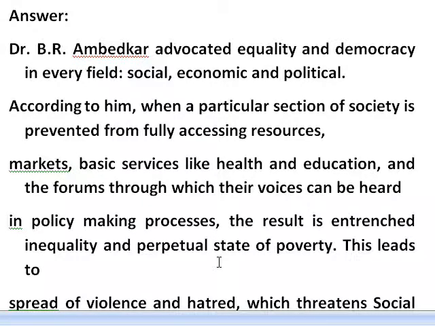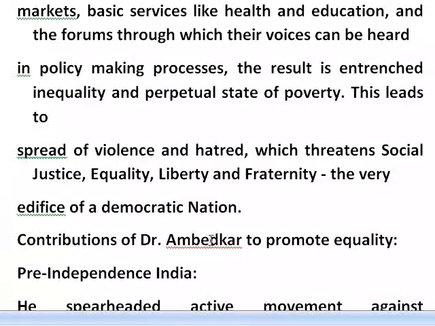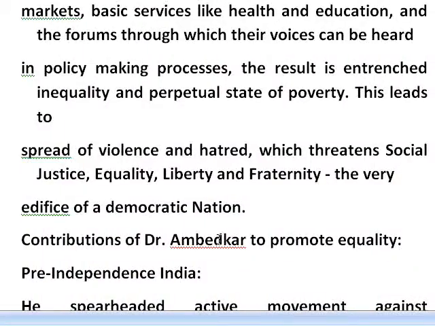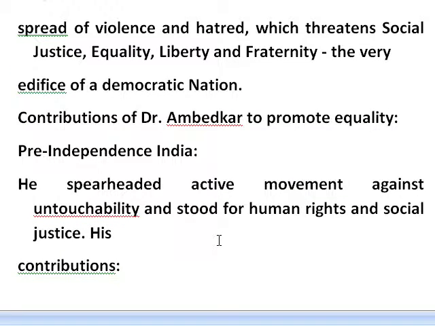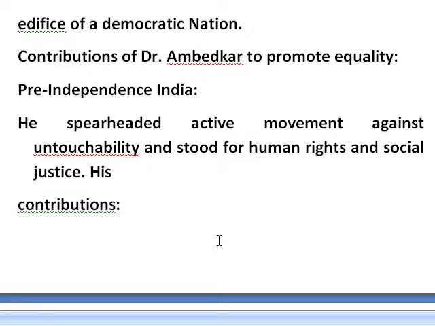This leads to the spread of violence and hatred, which threaten social justice, equality, liberty, and fraternity. They are the very edifice of a democratic nation.